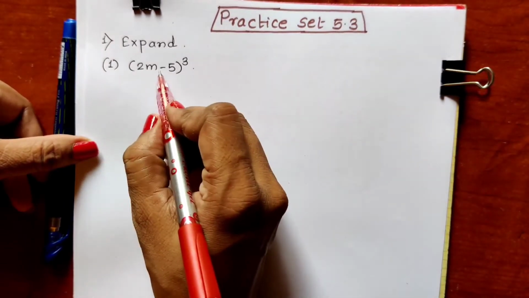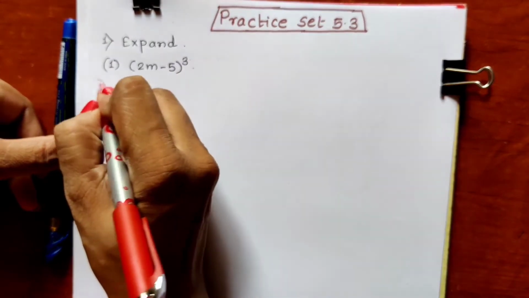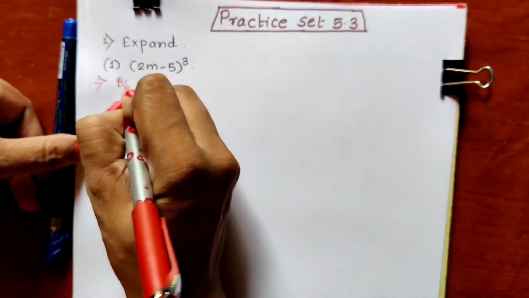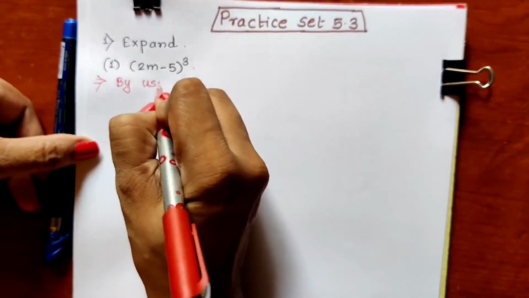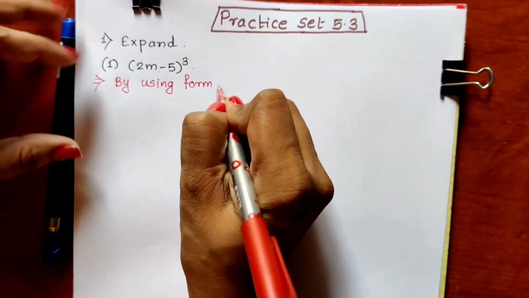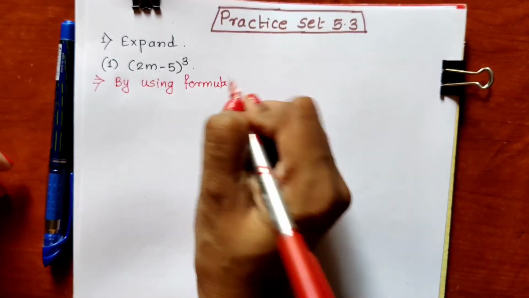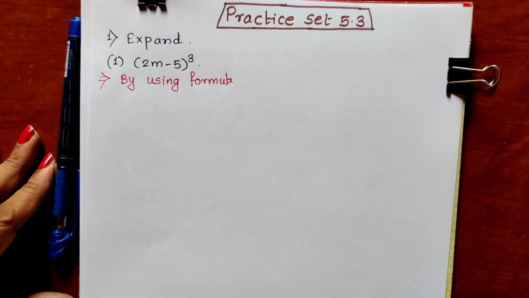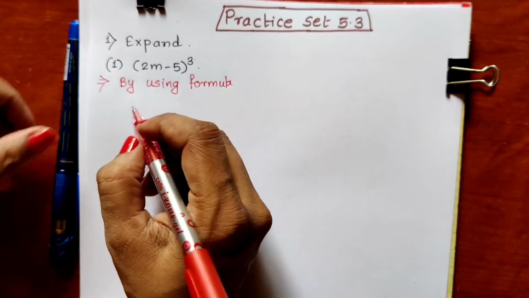First sum is (2m − 5)³. So by using the formula, we will use the formula. Okay, so now write the formula.